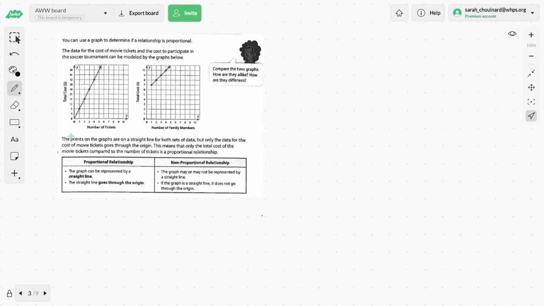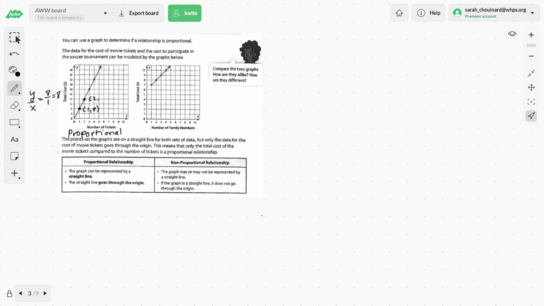This is the graph of the tickets, which we knew was proportional. One major reason is because look at this coordinate, 1, 8. If I do y divided by x, that's the other formula we can use. We can do DV divided by IV, or we can do the y coordinate divided by the x coordinate. 8 divided by 1 is 8.